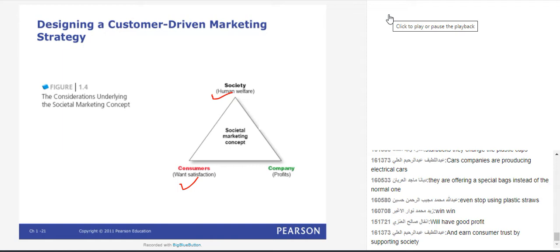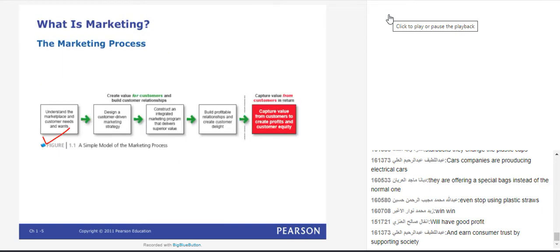Okay, now if you remember, we understand the marketplace, and now we understand how we make a customer-driven marketing strategy. Now we move to the marketing program and how to deliver superior value.